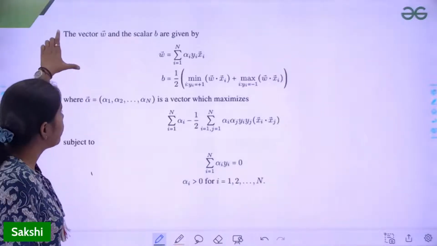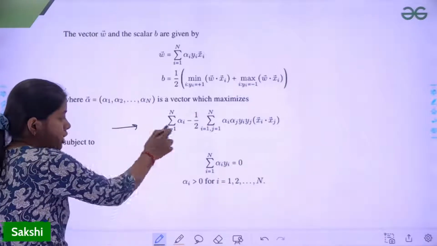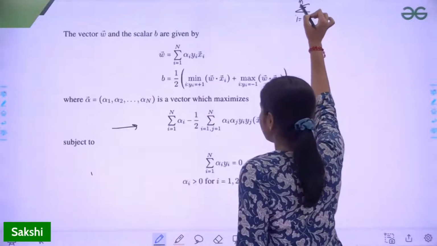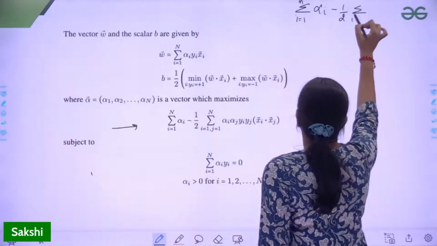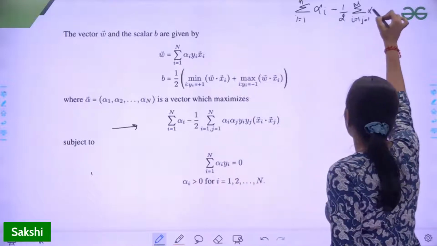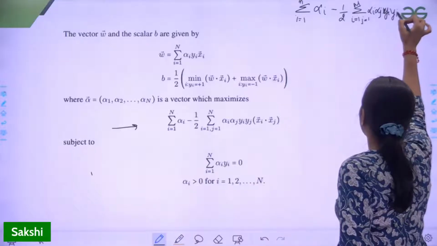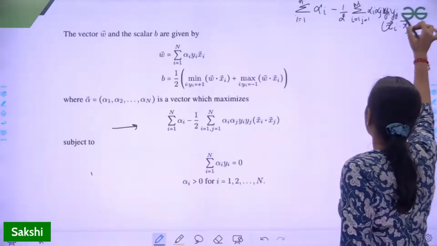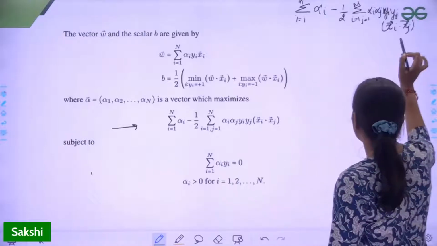We have to find vector W and B, and we get alpha from here. What is alpha? Summation i varying from 1 to n of alpha i, minus 1 by 2 summation i varying from 1 to n and j varying from 1 to n of alpha i alpha j yi yj and xi vector dot xj vector, because it may be a 2D vector or 3D vector, so I have to find it accordingly.